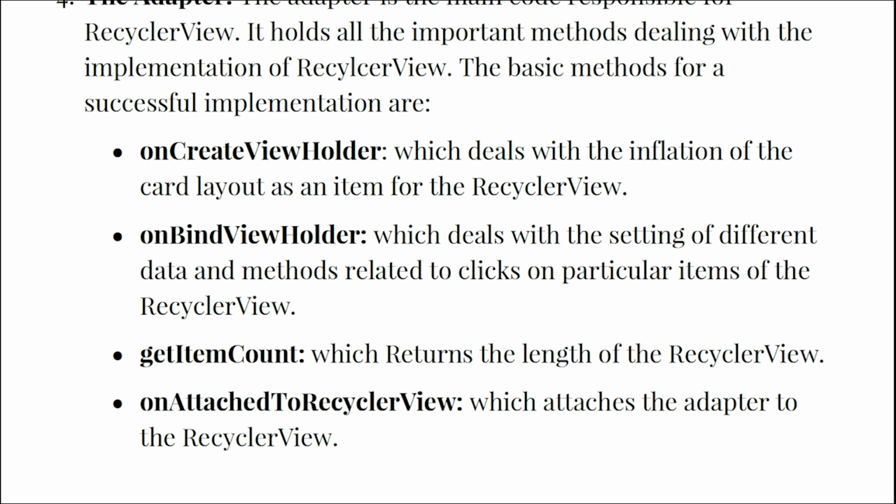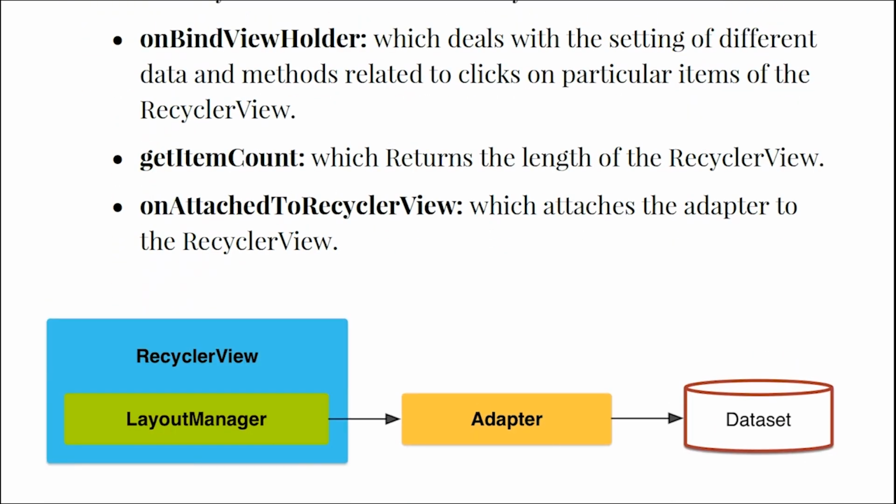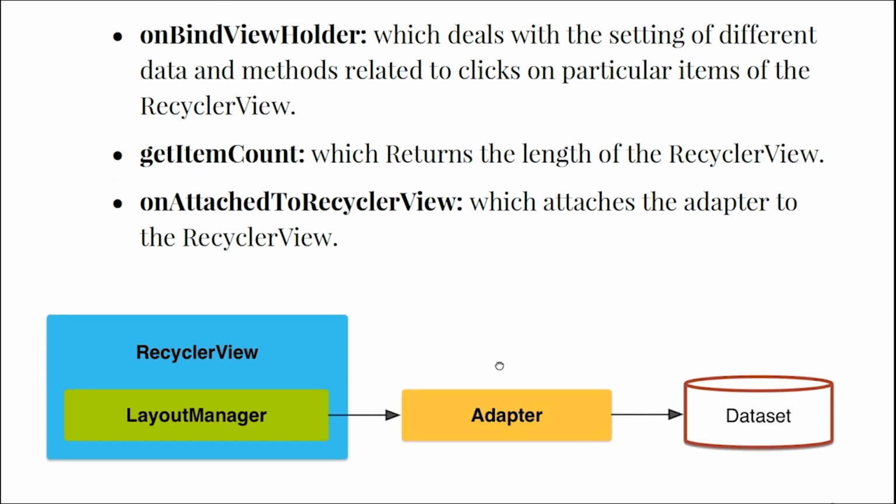onAttachedToRecyclerView attaches the adapter to the RecyclerView. Don't worry, guys, if you don't understand, in the next example we are going to see how they work. In this schema, we will see how RecyclerView acts.